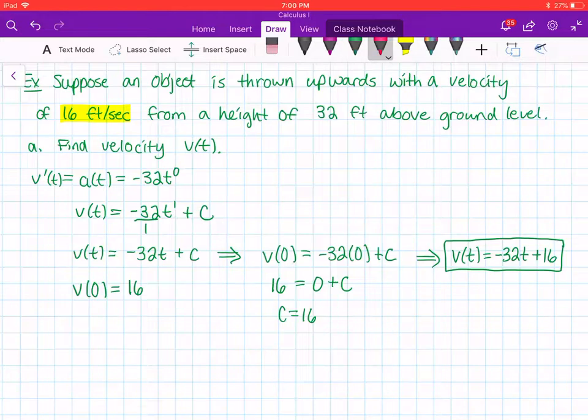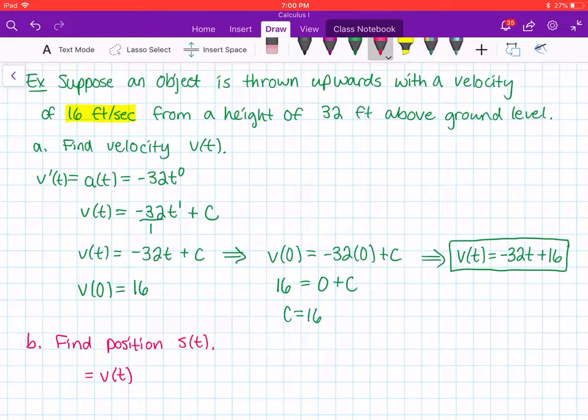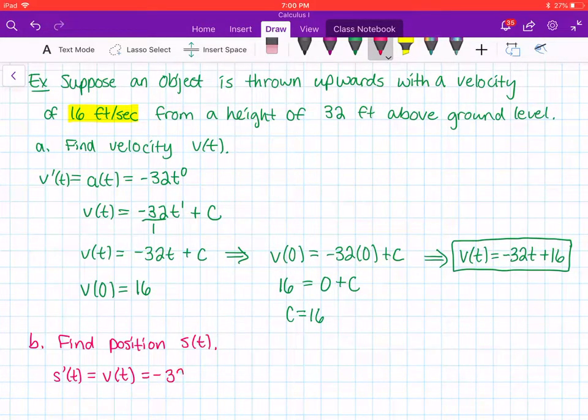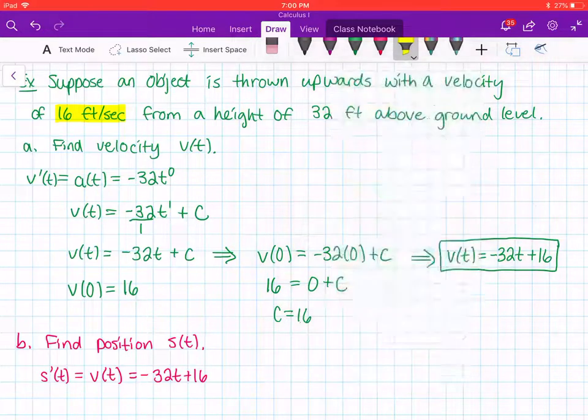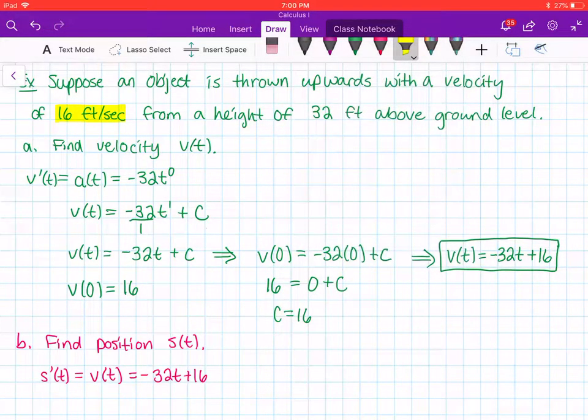Okay. Part B, find the position function. Luckily, we already have the velocity function, and we know that the velocity function is the derivative of the position function. So we just have to take the antiderivative here. Now, there's one bit of information that we haven't used yet, and it's this 32 feet above ground level.